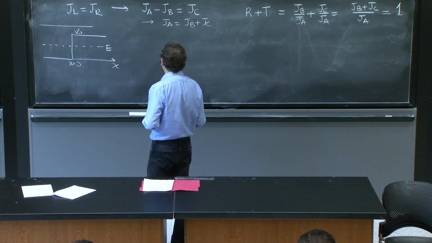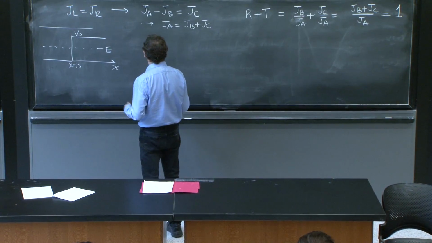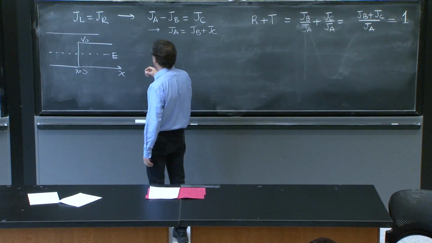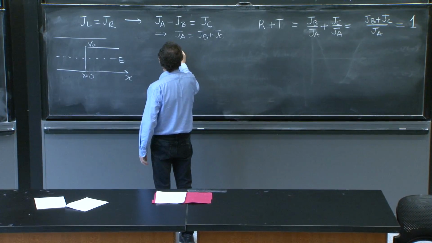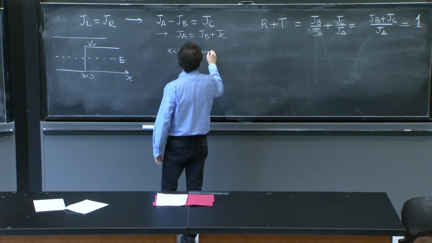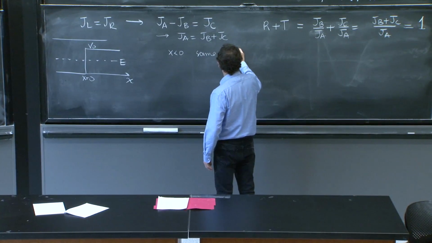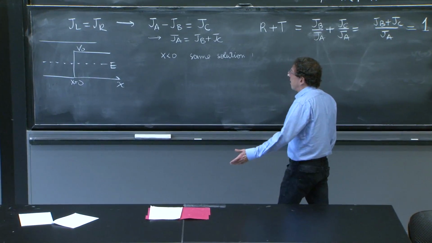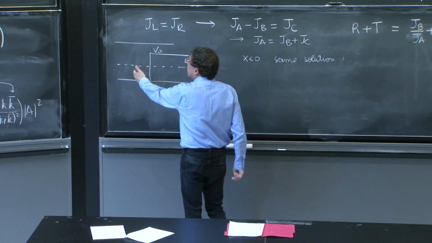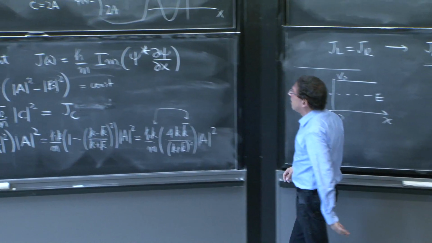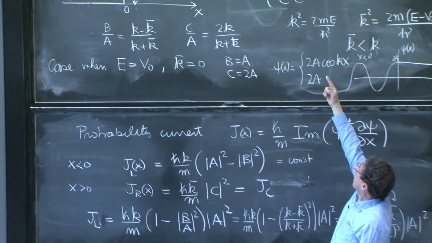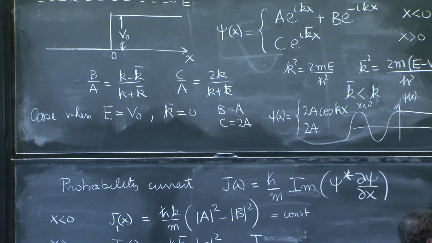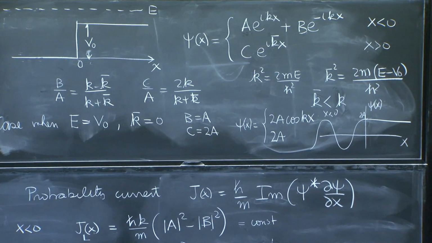We first say that the solution is the same for x less than 0. So for x less than 0, we write the same solution, because the energy is greater than 0, and all what we said here, the value of k squared, a e to the ikx, b e to the minus ikx, it's all good.